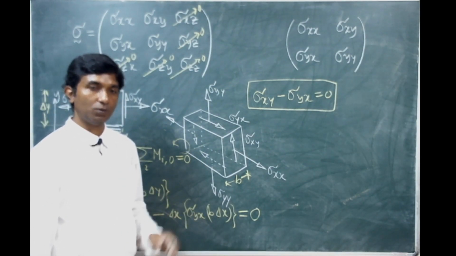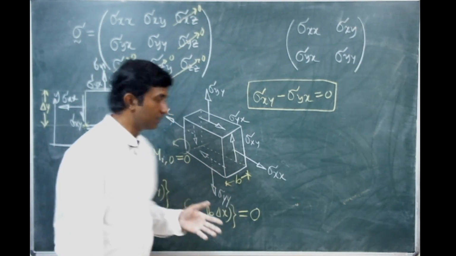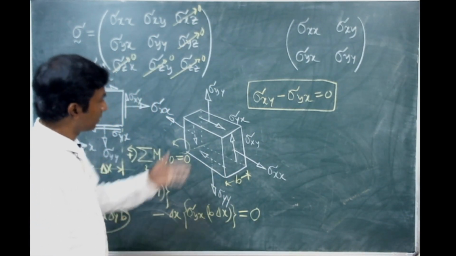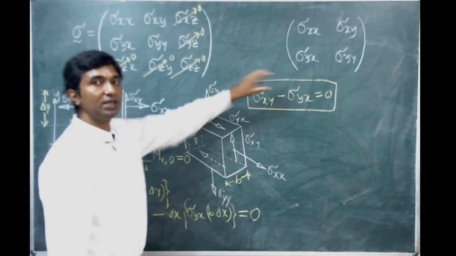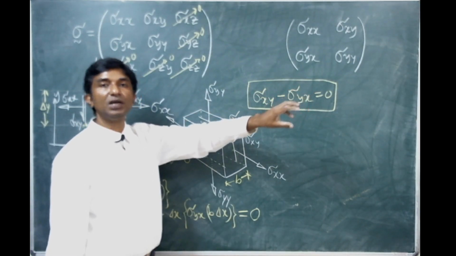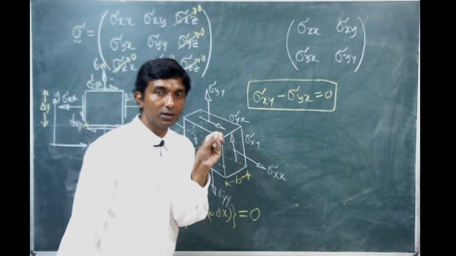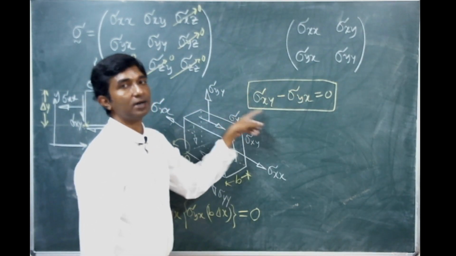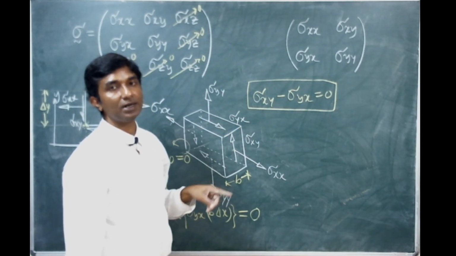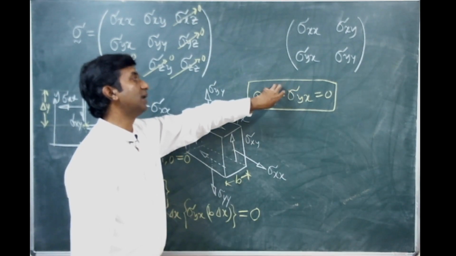If we take the limit where delta x tends to 0, delta y tends to 0 and b tends to 0, so the volume shrinks to a point, the expression still does not involve any term related to delta x, delta y and b. So it is insensitive to that, which means it is valid at a point.